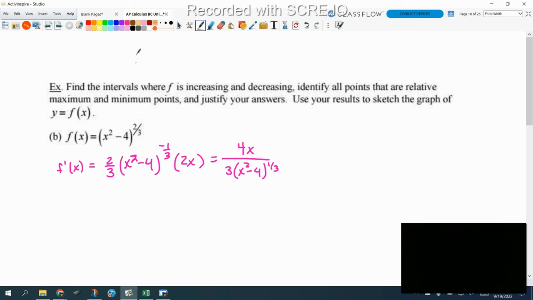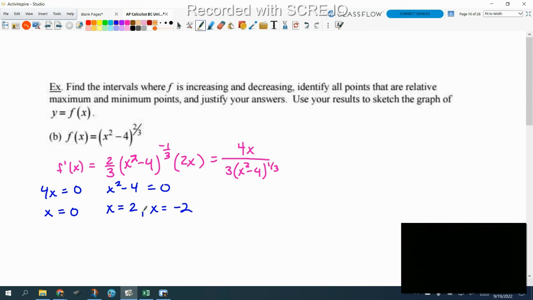power. Remember, critical points happen anywhere our derivative is equal to 0. So you set 4x equal to 0, and you get x equals 0. But also anywhere where the derivative is undefined. So that's where the denominator, and you can just take this part inside the parentheses there, is equal to 0. So that's going to be at x equals 2 and x equals negative 2.